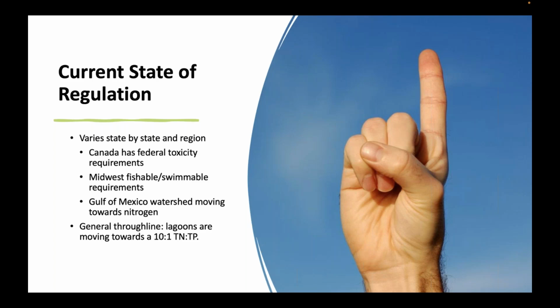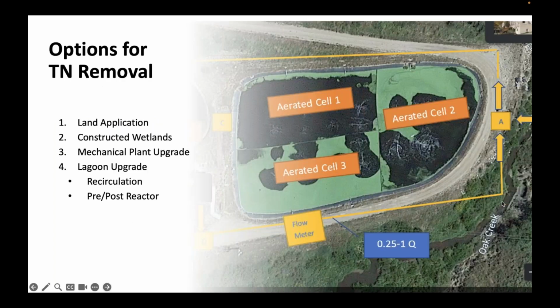The general through line here, from most regulators I've talked to in most places I've been across the country, is that eventually the limits will be 10 TN and 1 total phosphorus. So 10 total nitrogen, 1 total phosphorus. It's kind of the long-run projection. But again, this hasn't happened yet in a lot of places, so it's extremely hard to tell what's going to happen.